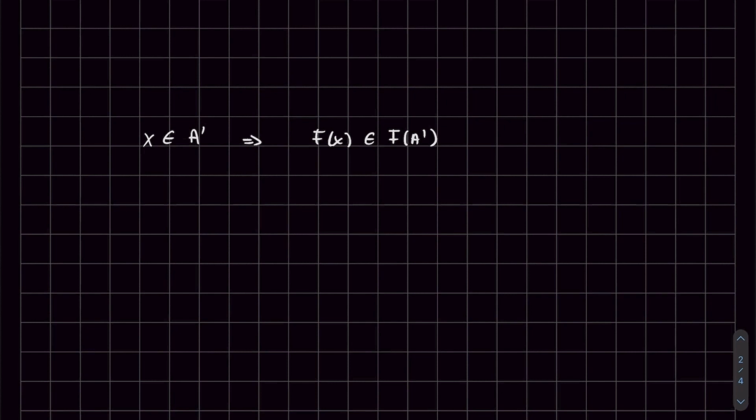So that means that if we know that f of x is an element of the image of A prime, then from this we cannot deduce that x is an element of A prime. So this implies x is an element of A prime, and this doesn't hold. This is generally a bit harder to imagine. So let's have a look at an example that will help us visualize this.